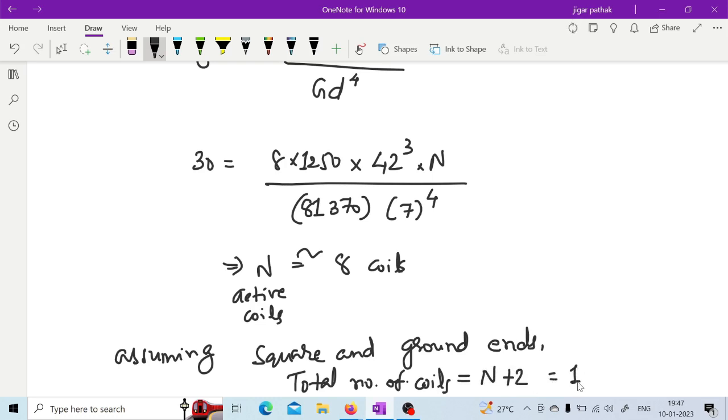So it will give you 10 coils as total number of coils.